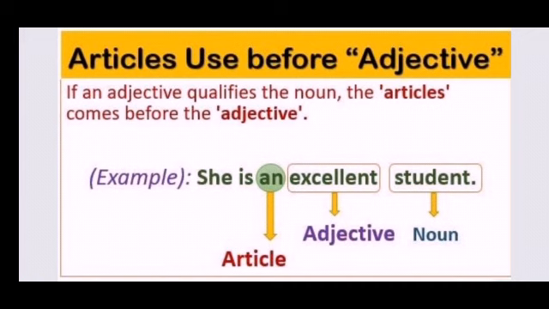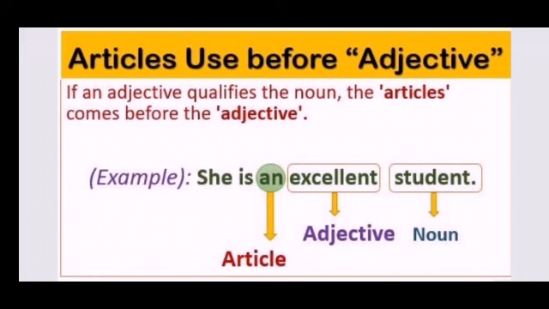See this example. She is an excellent student. In this sentence, excellent is defining the student's quality. In this case, we use the article before the adjective. Here, excellent is the adjective. We are using article an before the adjective, not before the noun.